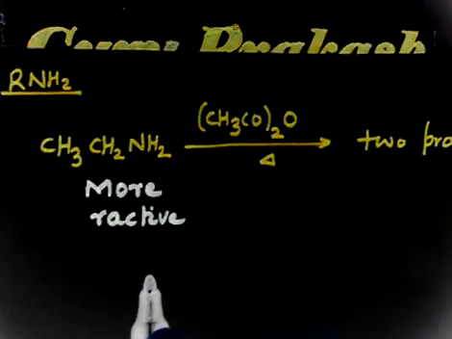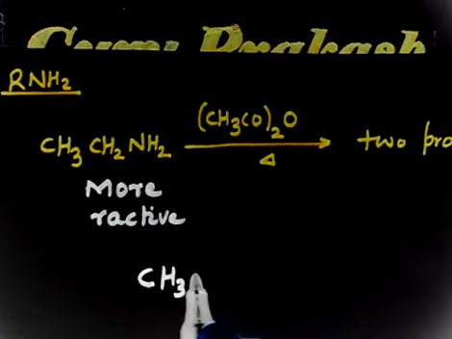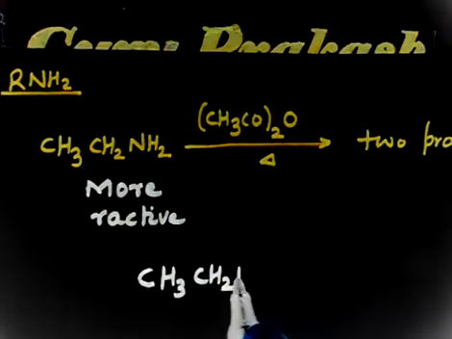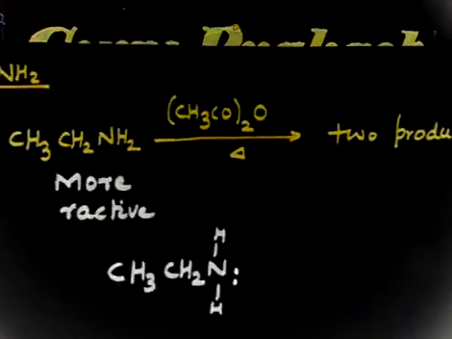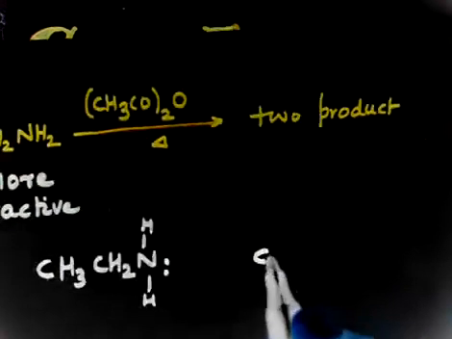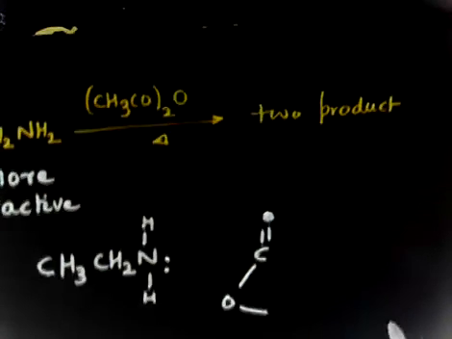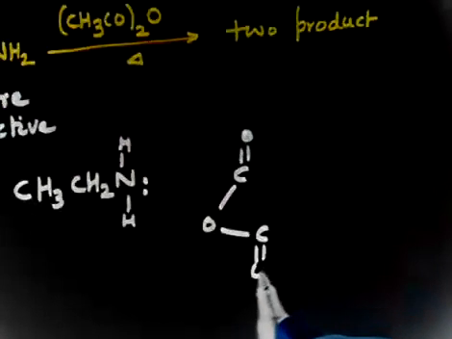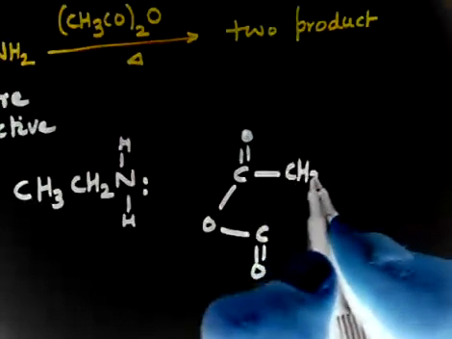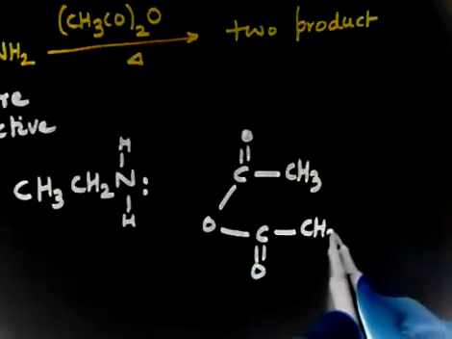So you see, in this case you will have CH3CH2NH2. Now this will act as a nucleophile, and this side you have CH3, C double bond O, O, C double bond O, CH3.